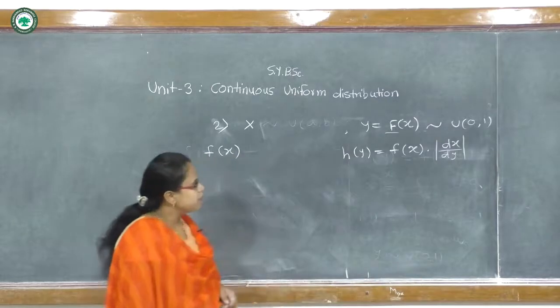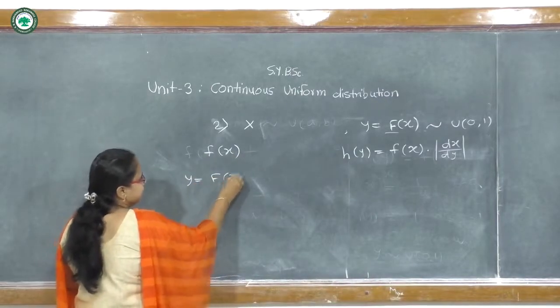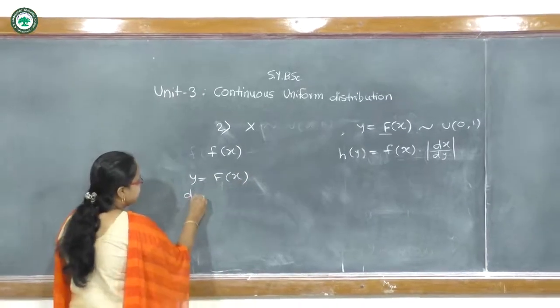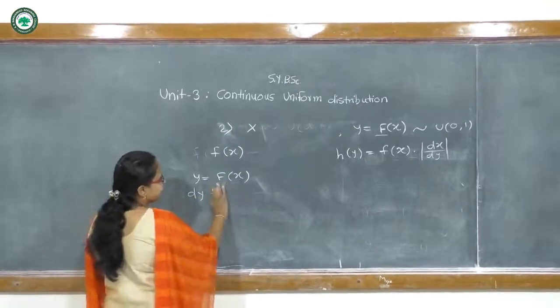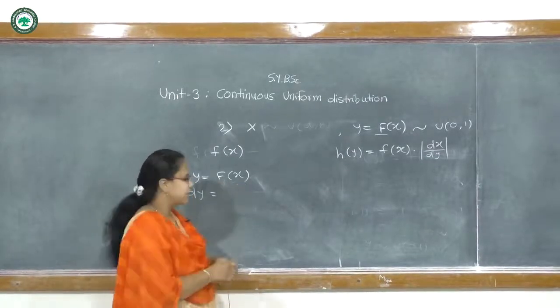This is the formula. We want dx upon dy. As we know, if we differentiate the CDF, we get the PDF.